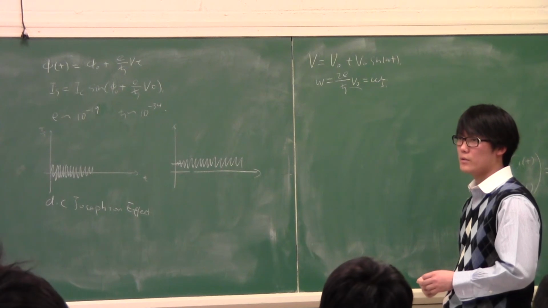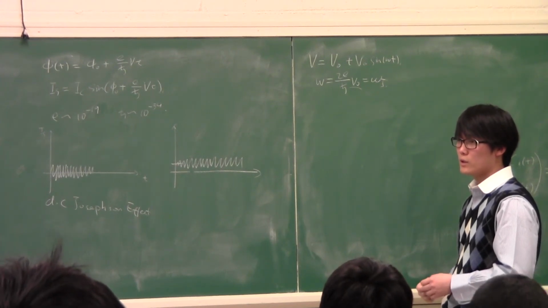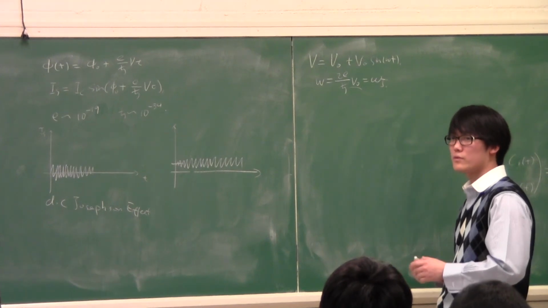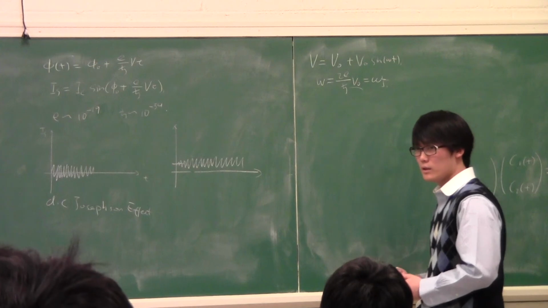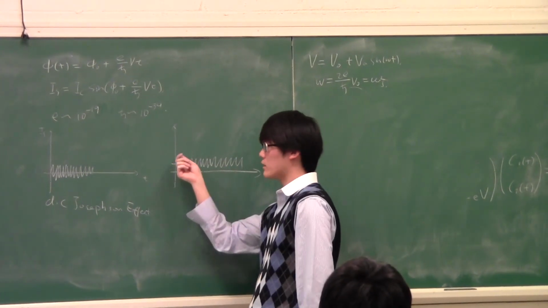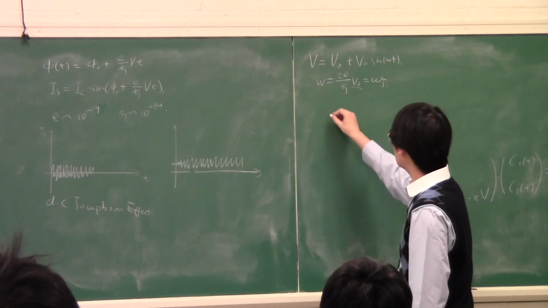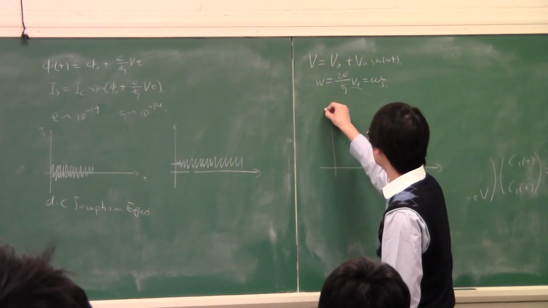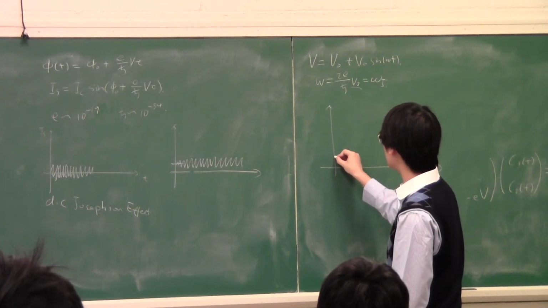And also, doing a more involved calculation, you'll find that there are a bunch of voltages, a bunch of frequencies where you can satisfy that the supercurrent averages to a remaining DC component. And in fact, you can get the IV characteristic looking something like this.